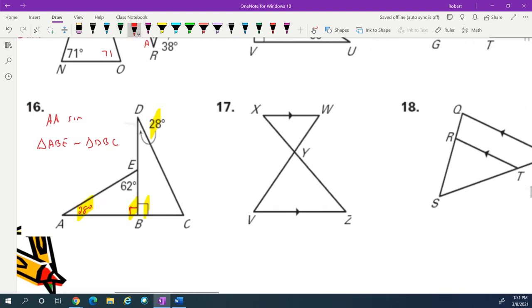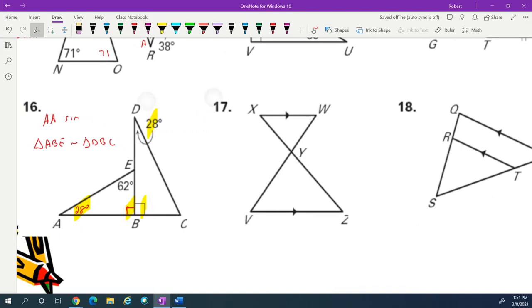In number 17, we have vertical angles. But we also have parallel lines. So we have some vertical angles. And now, since we have parallel lines, we have alternate interior angles.